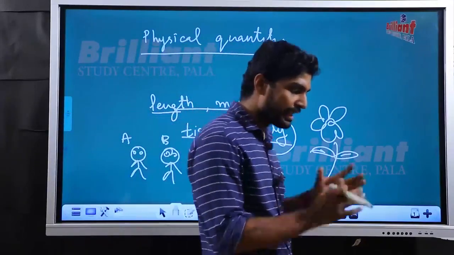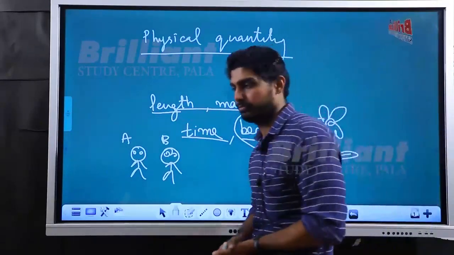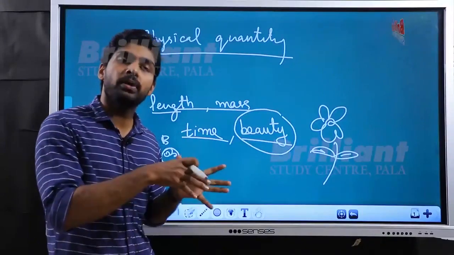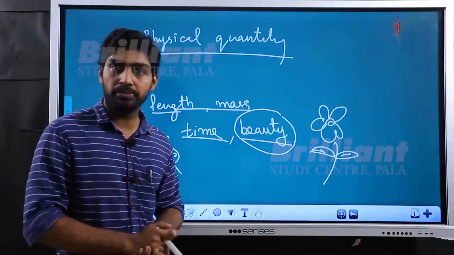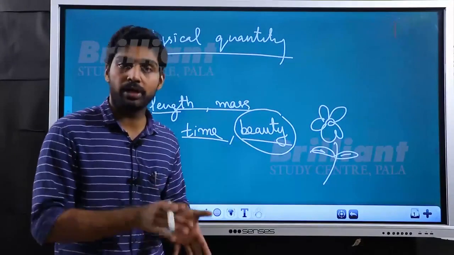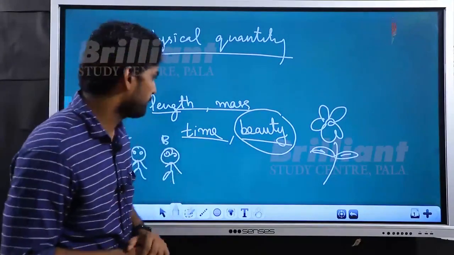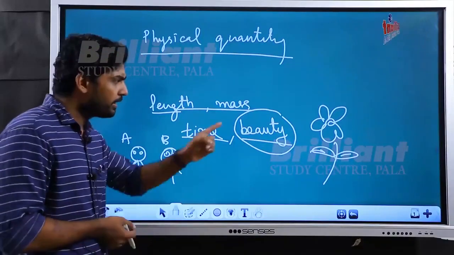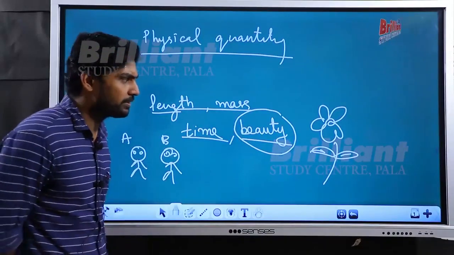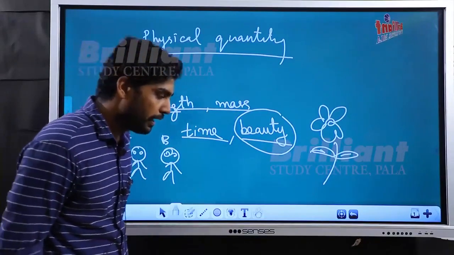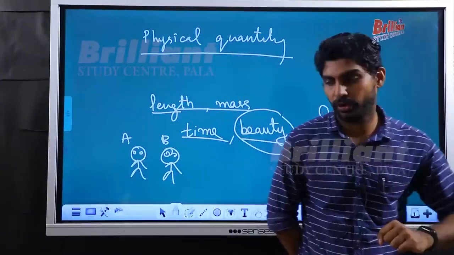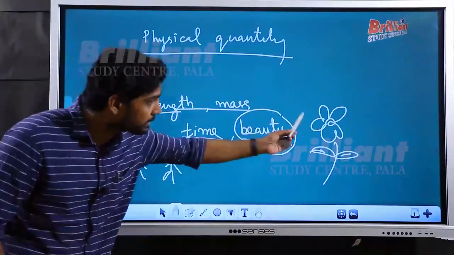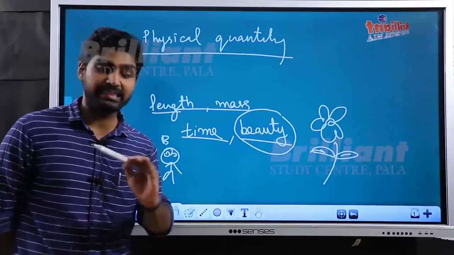Or suppose they are going to measure the weight of an object. Suppose they are going to weigh my weight. I'm going to stand on a weighing machine and allow them to record my weight. Both of them will record the same weight. But suppose they look at this flower, and I ask A and B to rate the beauty of this flower on a scale of 1 to 10.